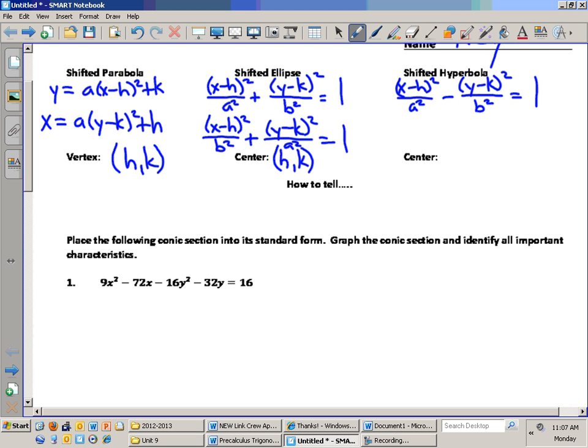What makes it horizontal? Because the x is first, the x is positive. That really makes a big difference. So you could switch it, make it vertical by going (y minus k) quantity squared over a squared minus (x minus h) quantity squared over b squared equals 1. And there again, the center will be (h, k).